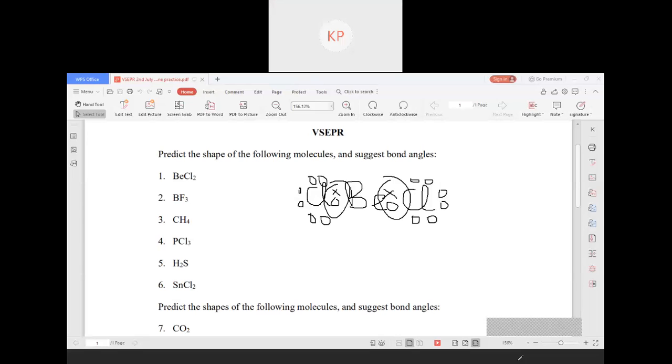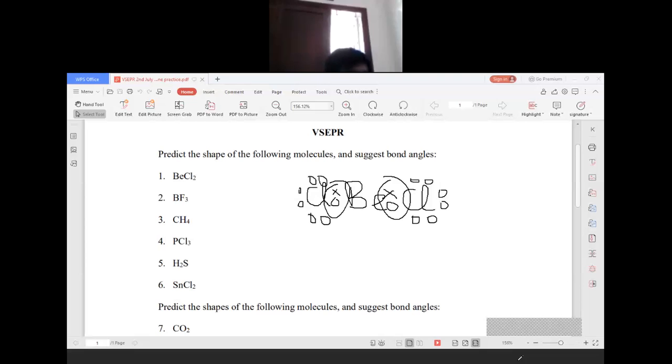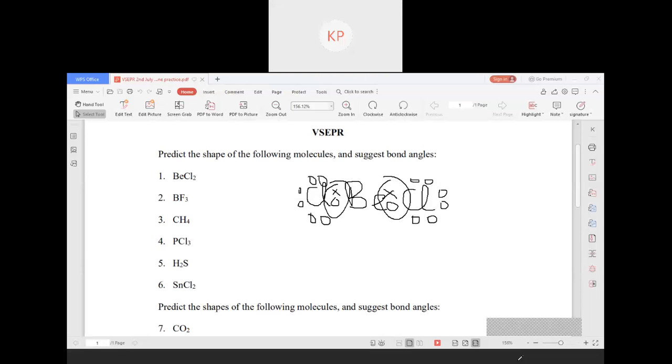If there are 3 electrons in the outermost shell of boron, all these 3 are occupied by fluorine. So how many bond pairs are there in boron trifluoride? 3.